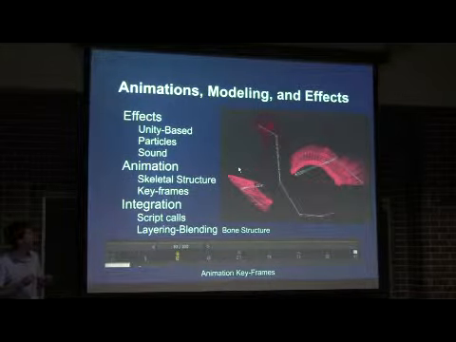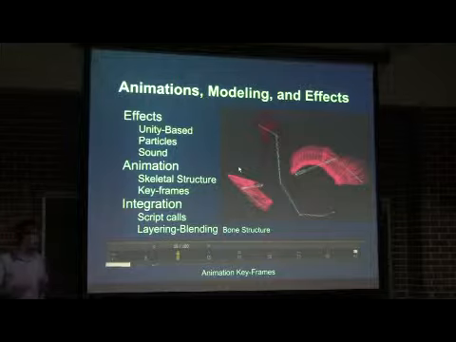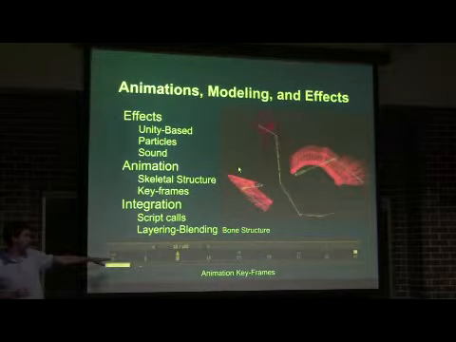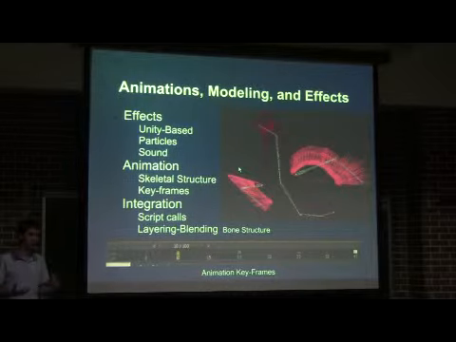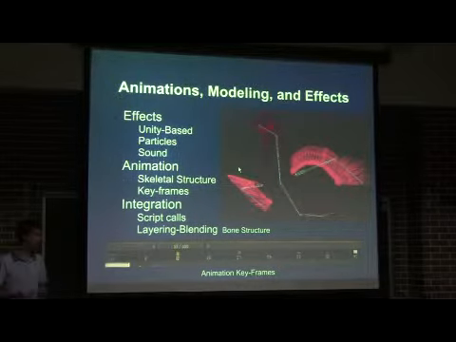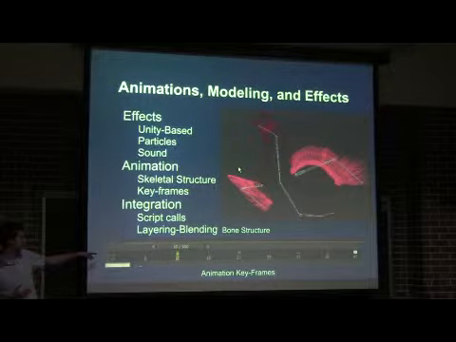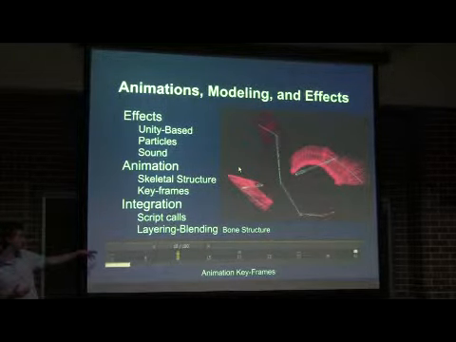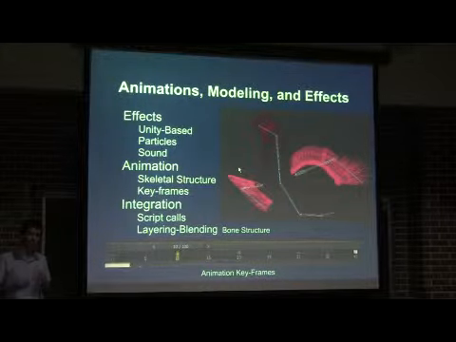Part of the animation we did in Unity, and part of it I did in 3D Studio. This bottom picture, the animation keyframes, outlines how I did the animation in 3D Studio. You may be able to tell there's a difference between the frames, with red and green on some of them.